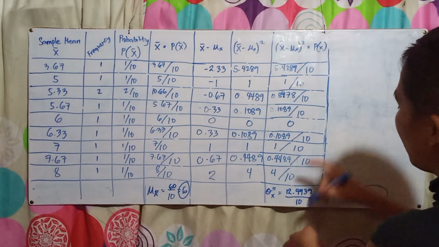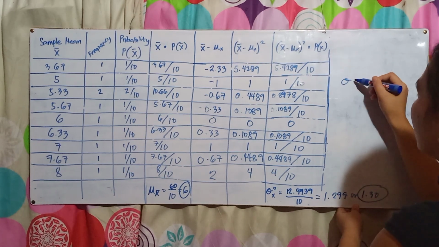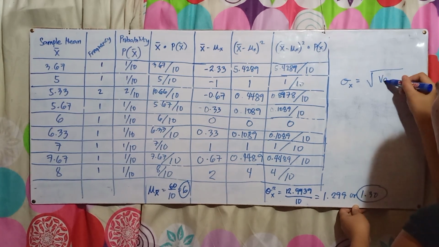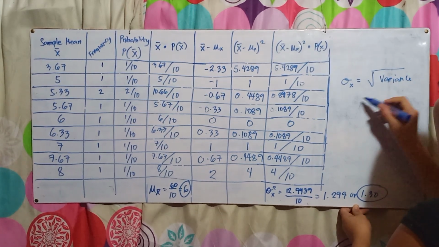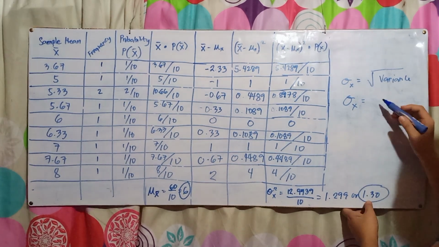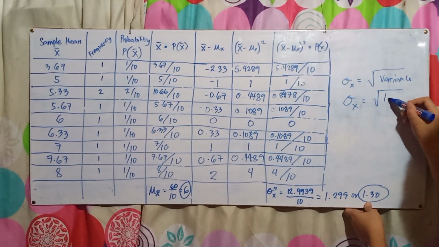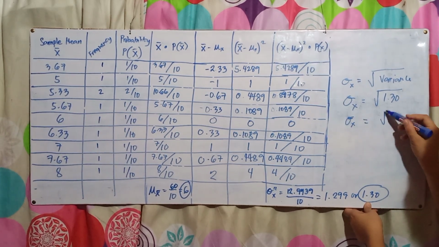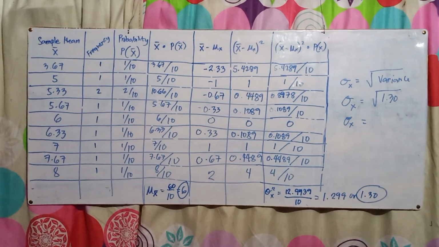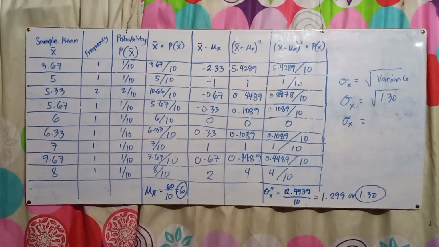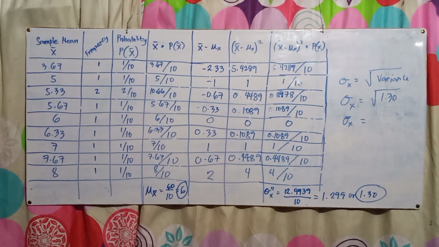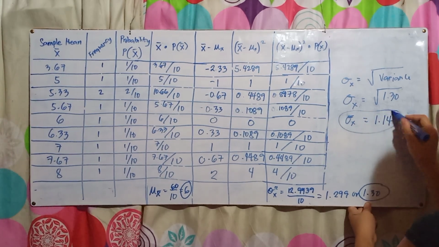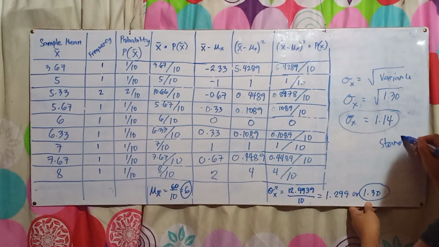To compute the standard deviation of our mean, take the square root of the variance. Since the variance is 1.30, the square root of 1.30 is about 1.14. So this is the standard deviation.